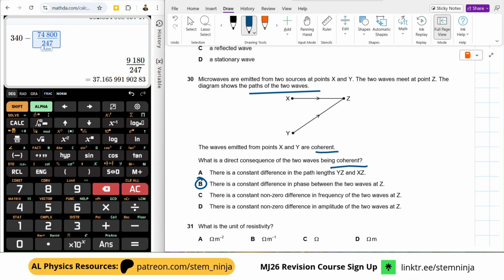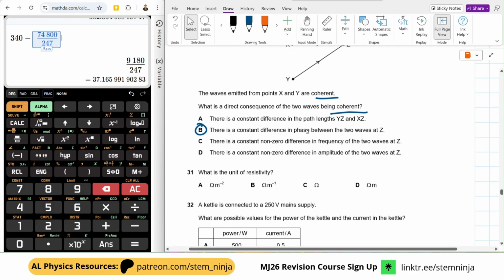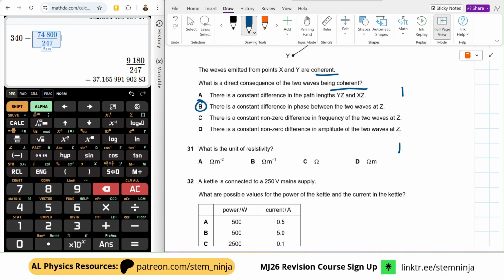What is the unit of resistivity? So we know resistance is equal to rho L over A. So resistivity is R times A over L. So R is ohm, area is meter squared, over meter. So this would be ohm meters.